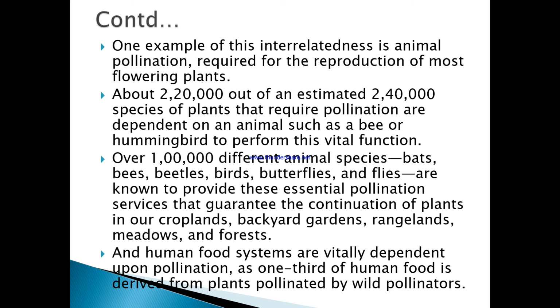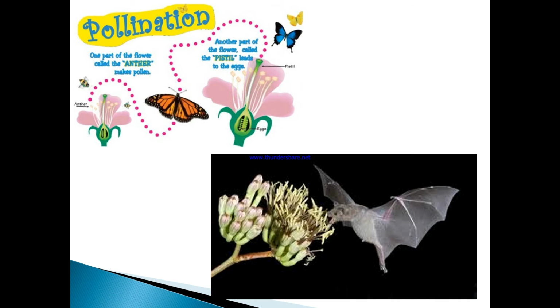Even humans also help pollination. Okay. These are some of the examples of pollination. Here we can see one flower. A butterfly or a bee comes and sits on the flower, and then the pollen grains are carried by the butterfly, and they dump it on another flower, where there is something called a pistil, which leads to egg formation.